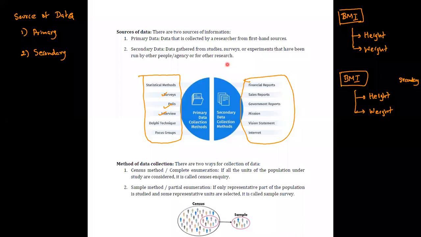Primary data are the data collected by you for your research or your study, but secondary data are the data owned by any other personnel or agency, and they have collected it for a special purpose or any other purpose other than your study.